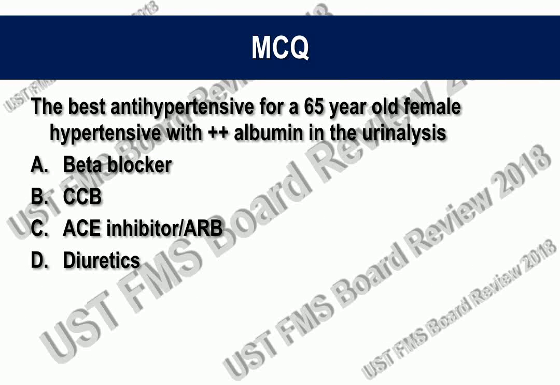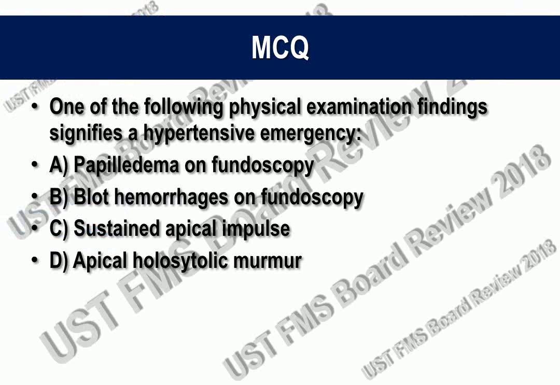The best antihypertensive for a 65-year-old female hypertensive patient with +2 albumin in the urinalysis. So it will still be your ACE inhibitor or your ARB compared to the other medications.